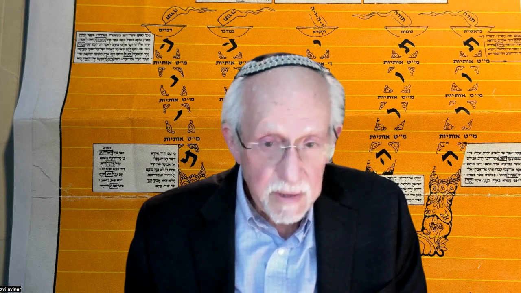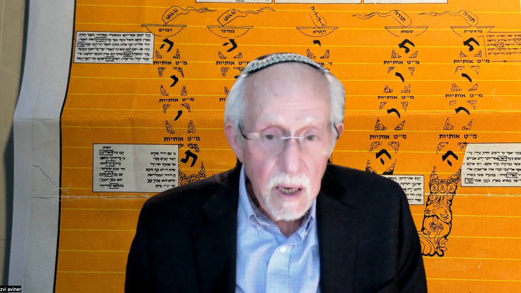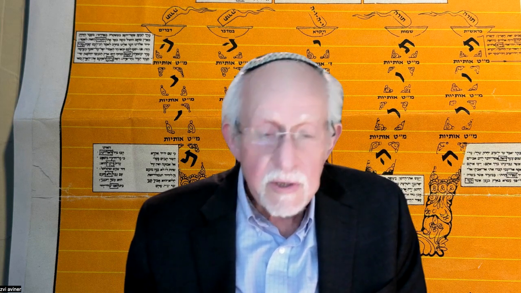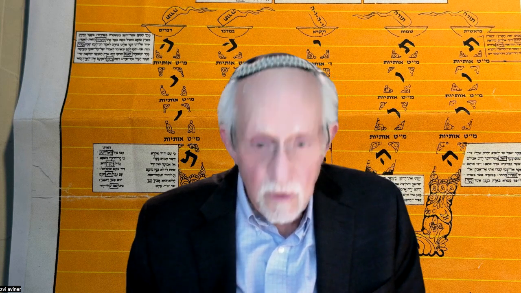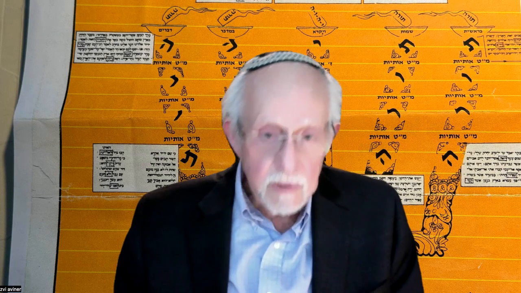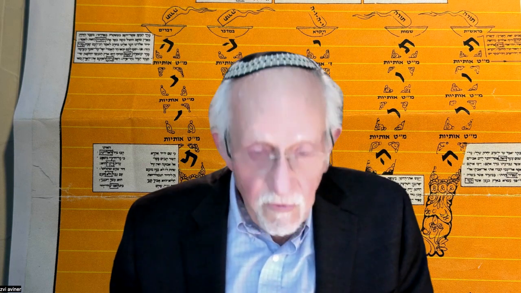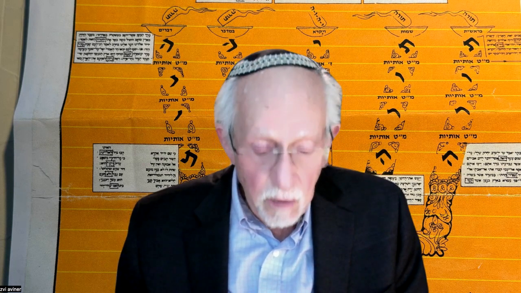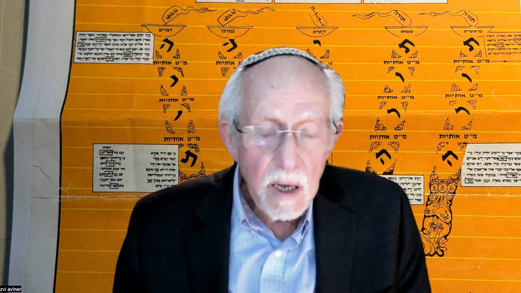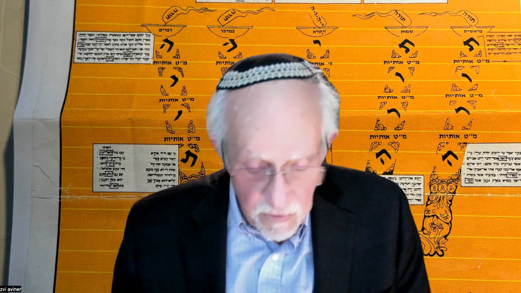Elevation is a better term. Elevation, gift offering, and a peace offering. These are offered voluntarily. And then the parsha mentions two offerings that are obligatory, like sin offering and guilt offering.